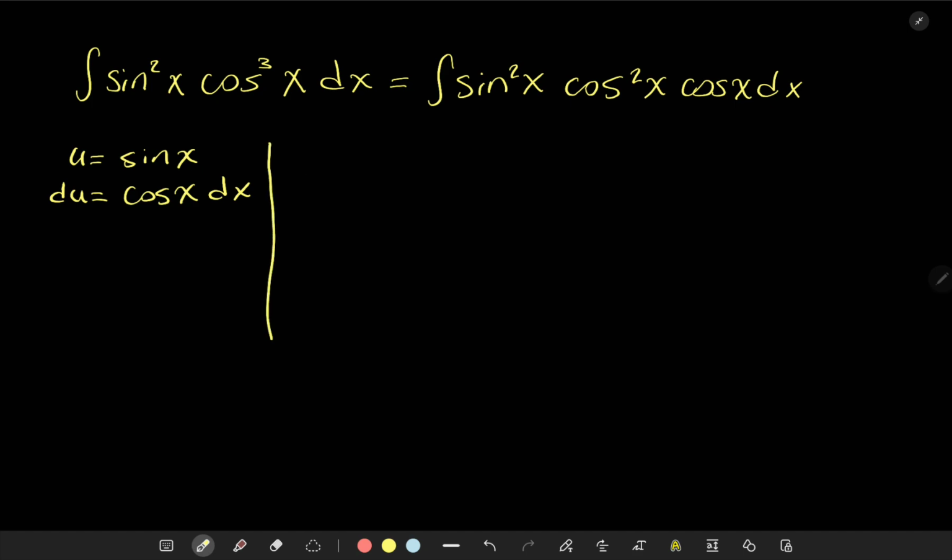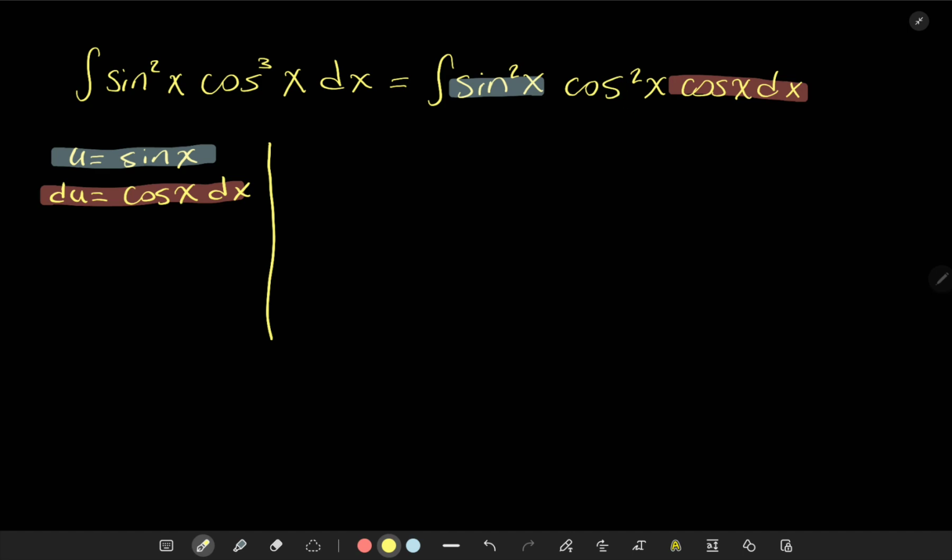Notice that my du is right here, so I already have that. The u is right here. This is going to be a u squared. So what do I need?